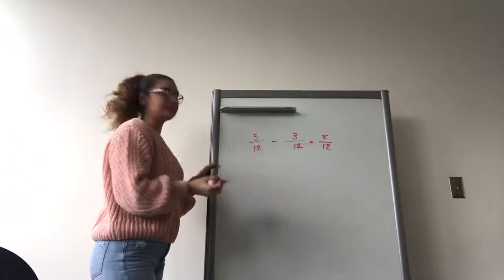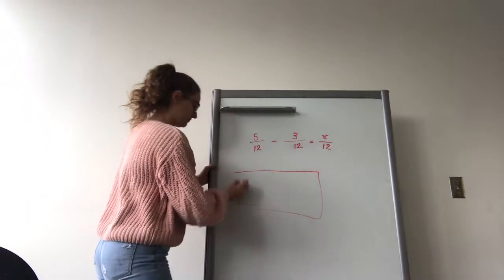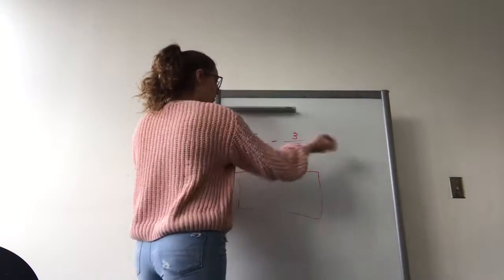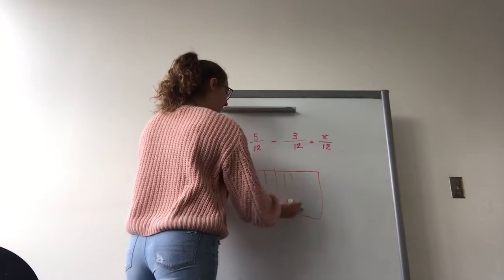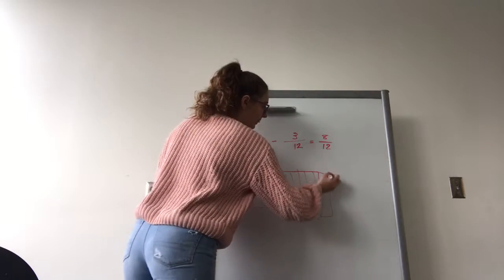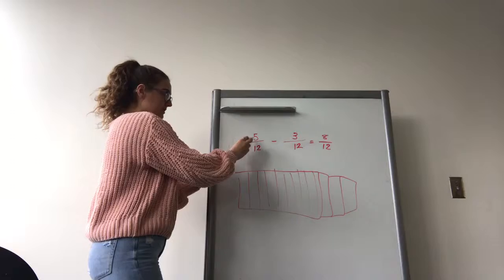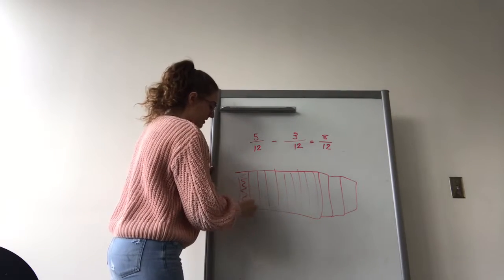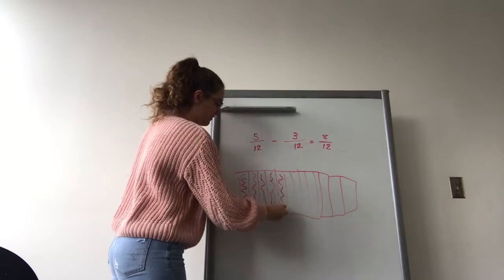So, to do this in the same way we did with addition, as blocks, you're going to have 12 little blocks. So you have 1, 2, 3, 4, 5, 6, 7, 8, 9, 10, 11, 12. So first I want you to shade in 5. 1, 2, 3, 4, 5.